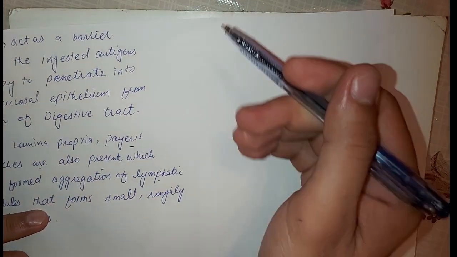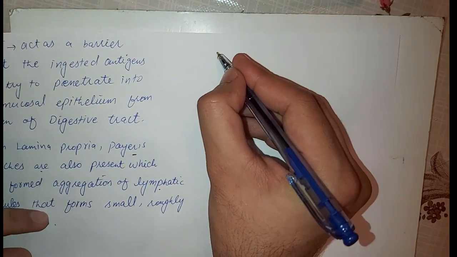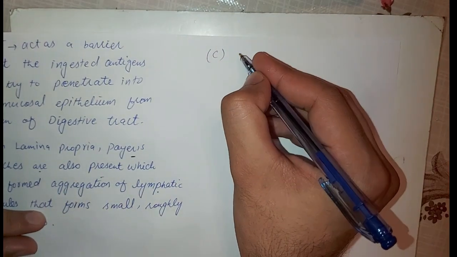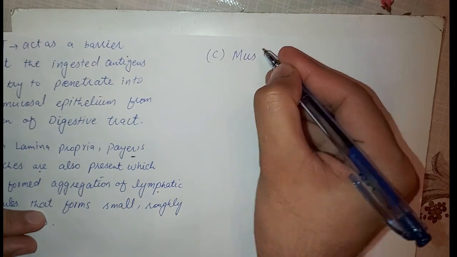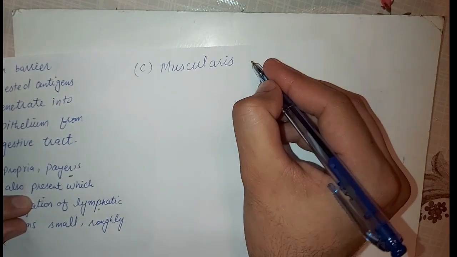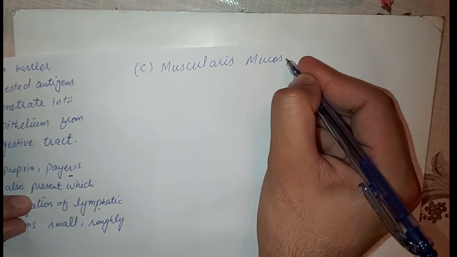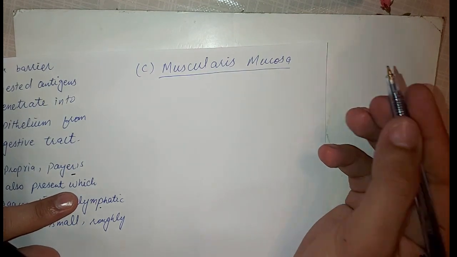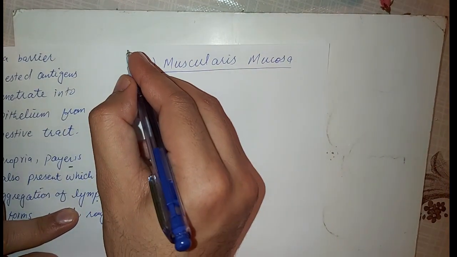And the third sublayer of the mucosa is muscularis mucosa.